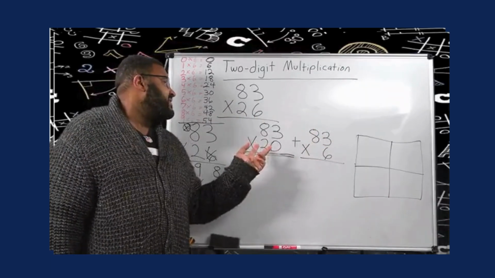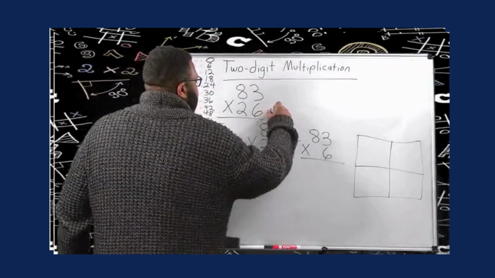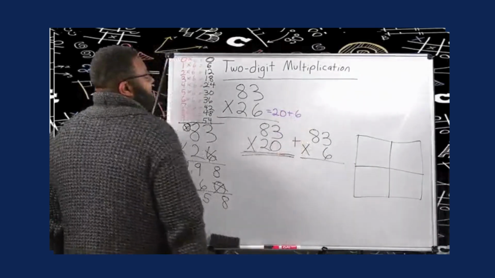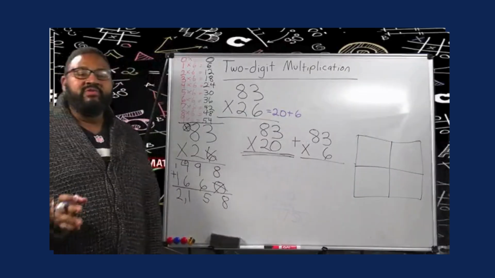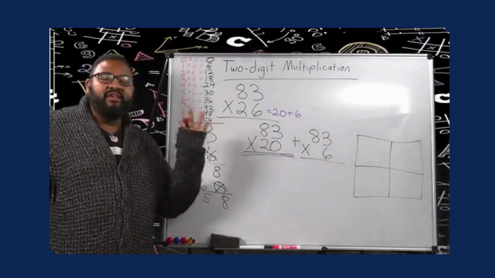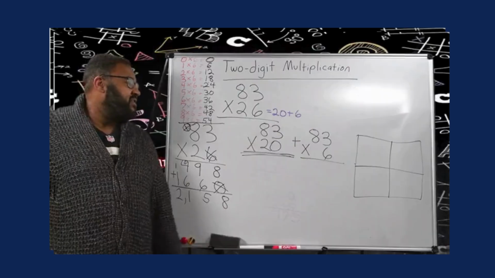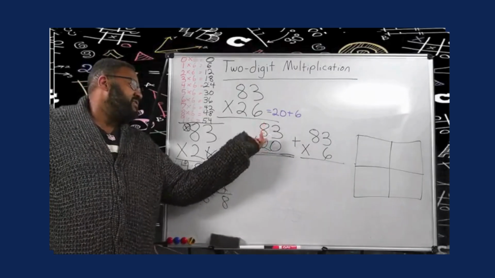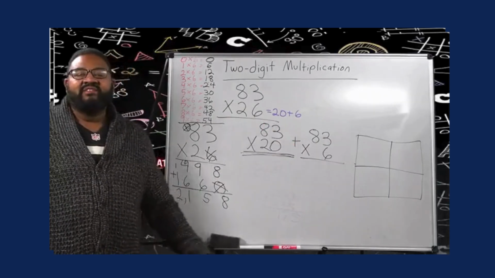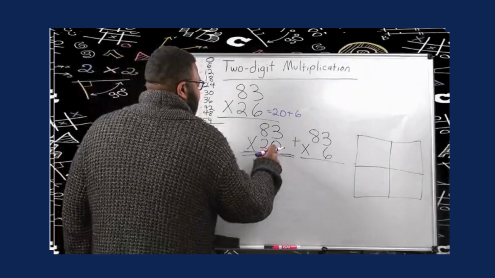What I did different this time is I came up here and I did 20 plus 6, okay? I call that expanded notation. We've done this before when we talk about place value. So I put the 83 times 20 here plus the 83 times 6. That's all I'm doing.